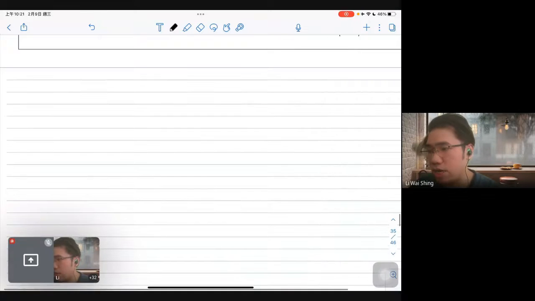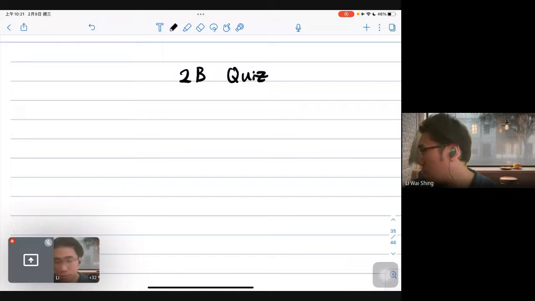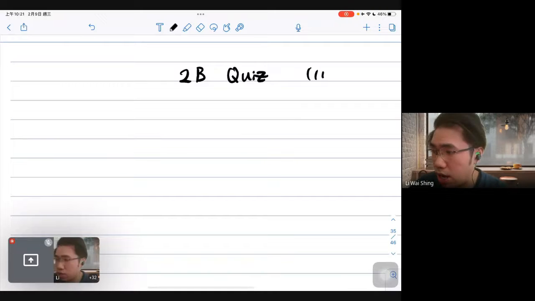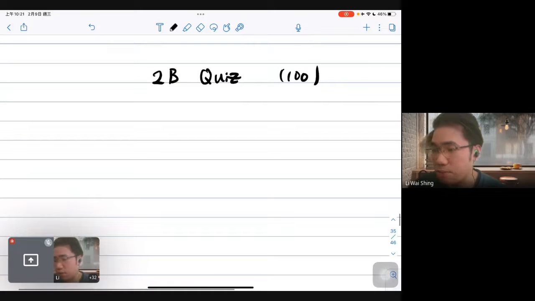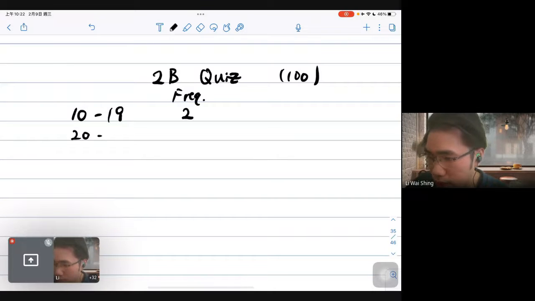Okay, I give you another example. For example, I have collected 2B math quiz results. Okay, out of 100 marks, I have drawn the frequency table. From 10 to 19 marks, the frequency is 2 of you. From 20 to 29, I got 1.